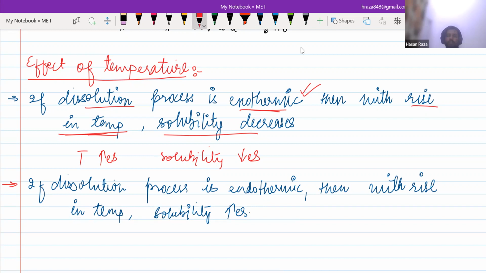That means indirectly you give heat energy. That's why with increase in temperature, solubility increases, and vice versa. So please do write this.